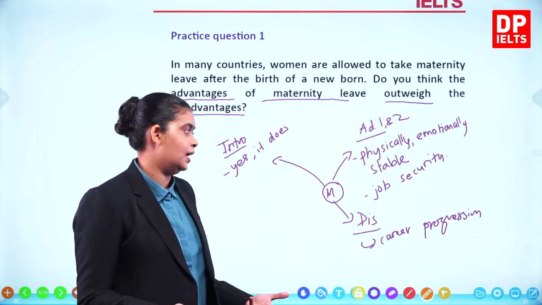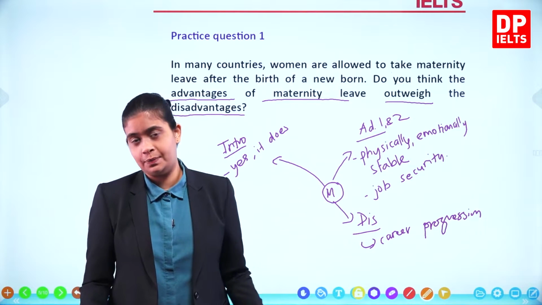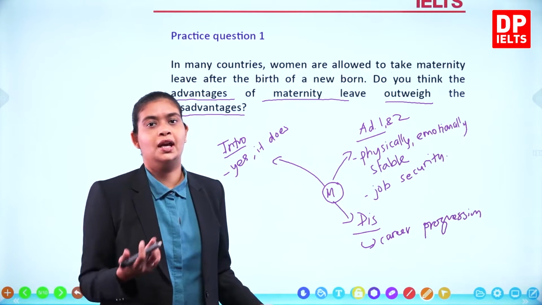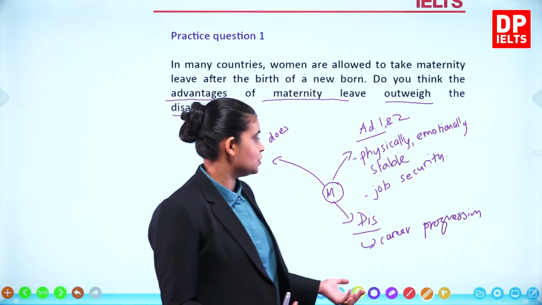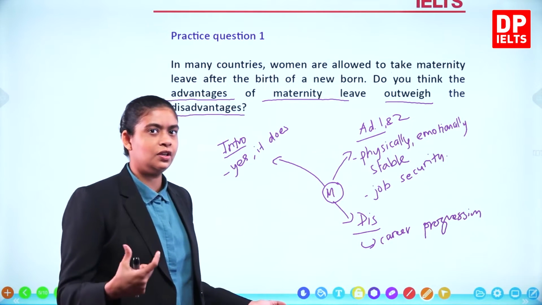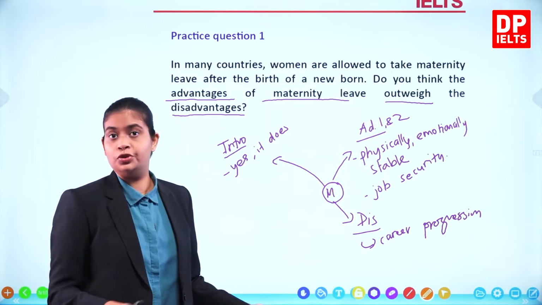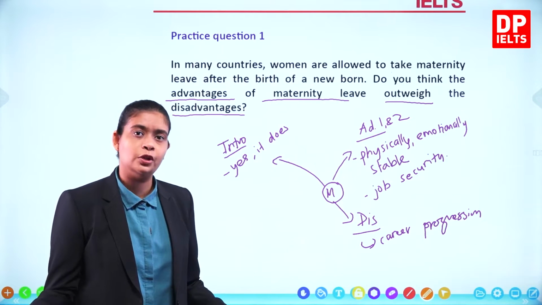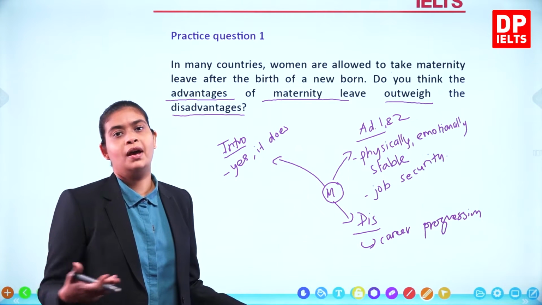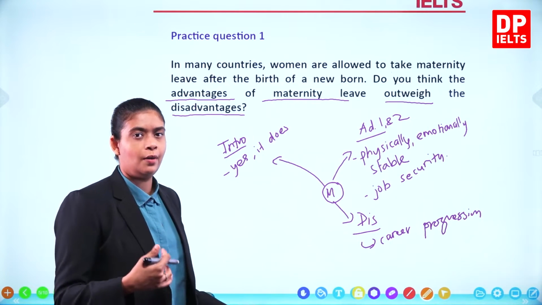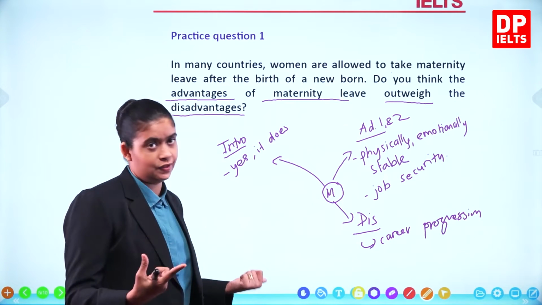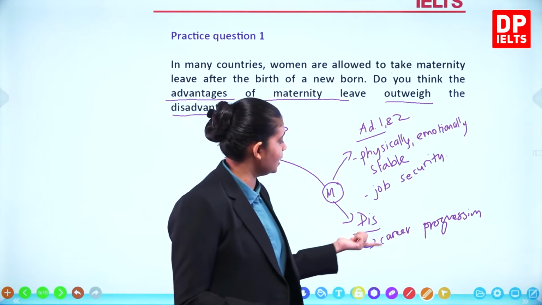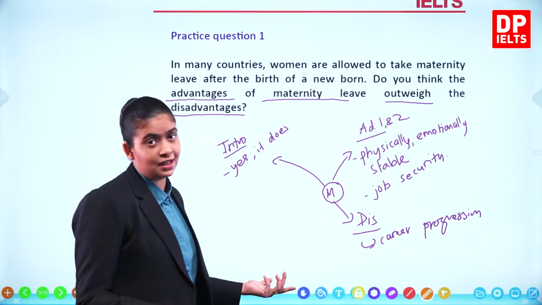I'm not saying you wouldn't completely. It might take some time for you to get back on track. Some people give up their jobs. Some people come back, but they're very slow. And some people come back, they're on it straight away. So it depends on your capacity. So I would say career progression could be hindered.